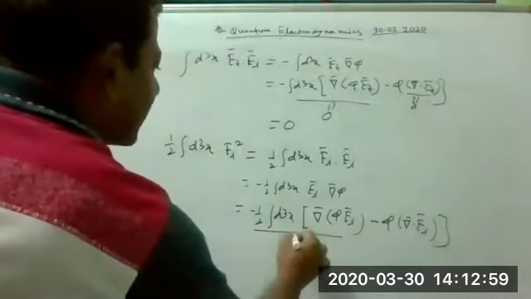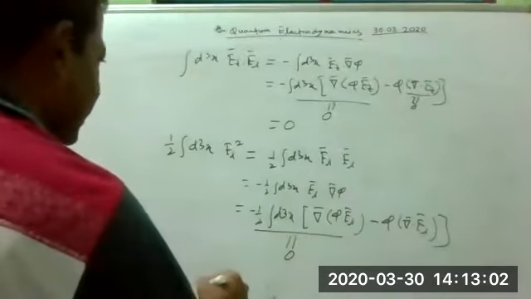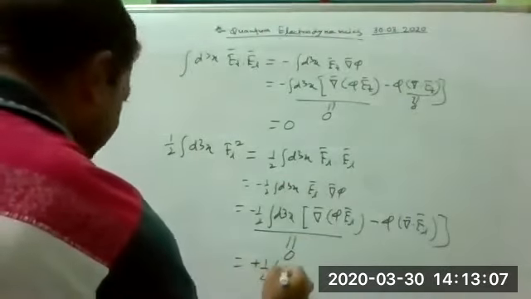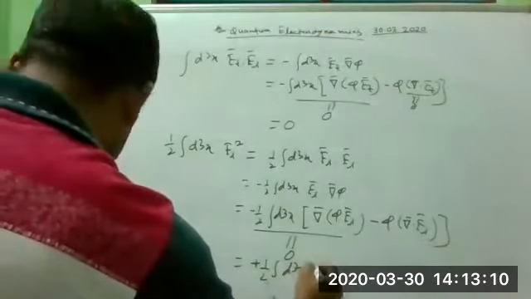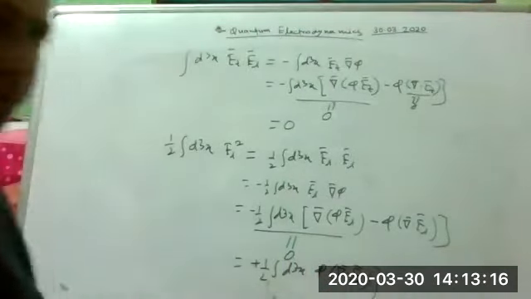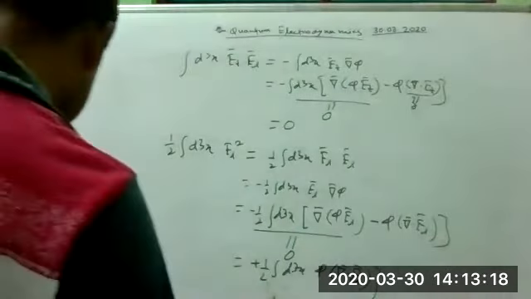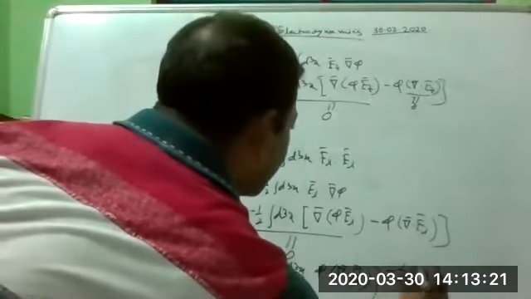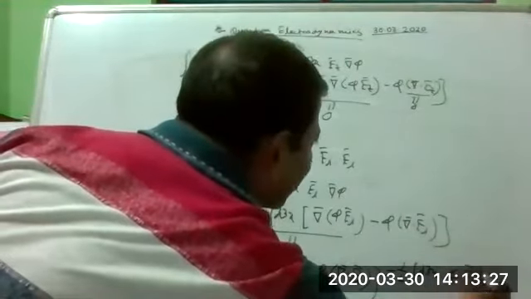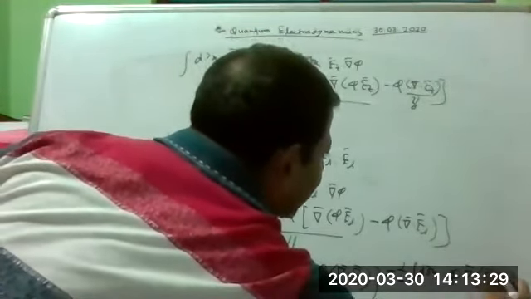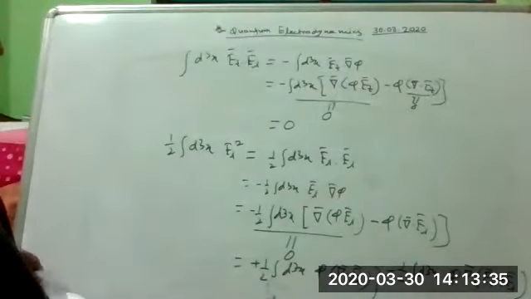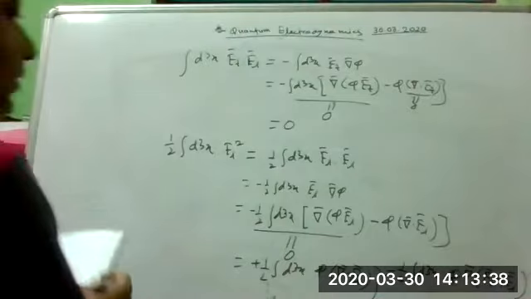The first term is a surface term, so it is cancelled out, and the second term equals plus half the integral d³x phi times the divergence of El. This can also be written as half the integral of d³x phi times the divergence of (Et plus El), since the divergence of Et is 0.